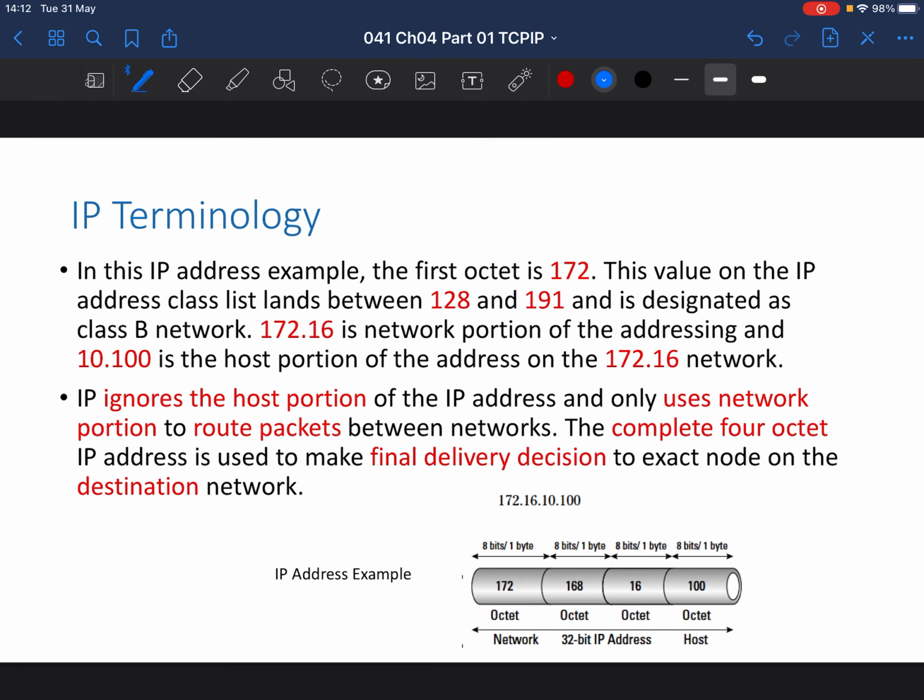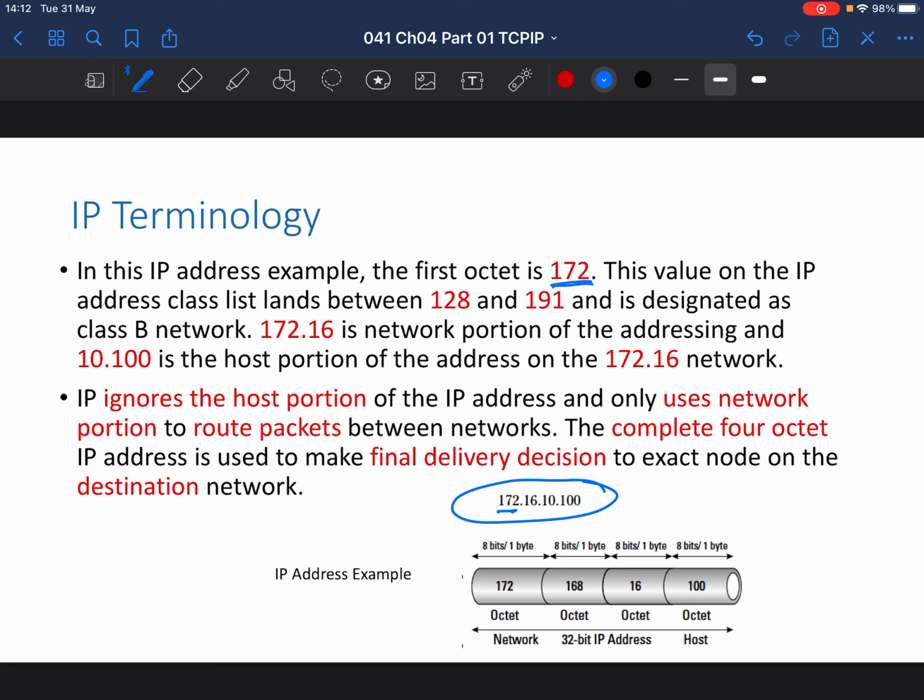In this IP address example, 172.16.10.100, the first octet is 172.